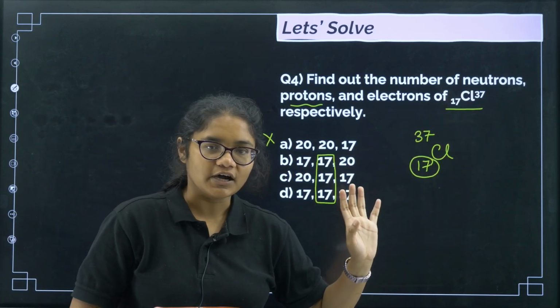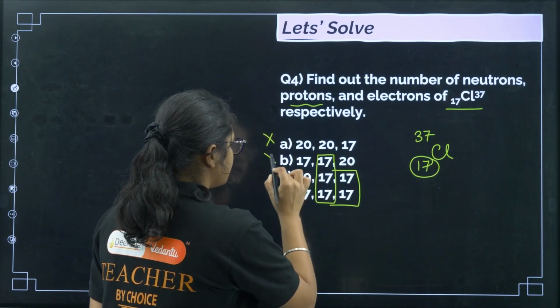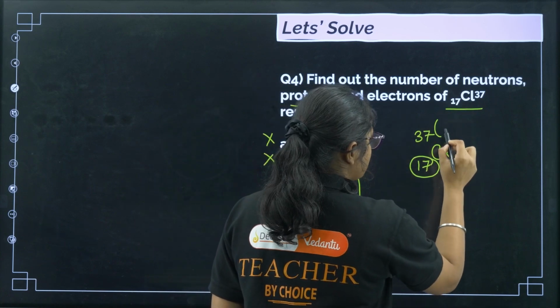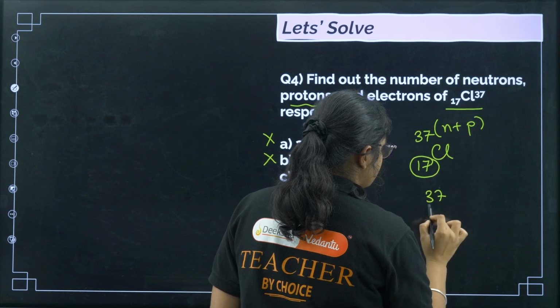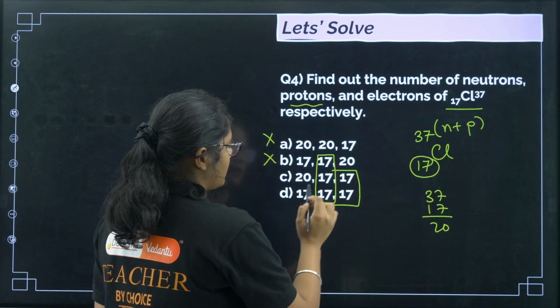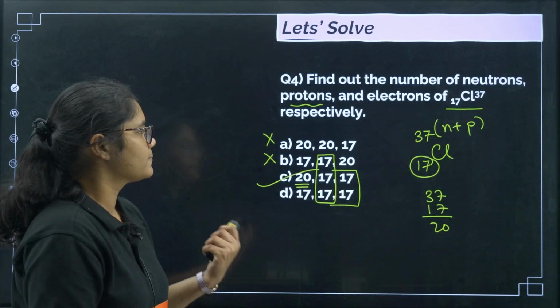It doesn't have any charge, so the number of electrons will also be 17. So we can eliminate this option. Now to calculate the number of neutrons, this is neutron plus proton, and proton is 17. So I can subtract 37 minus 17 to get 20, and we will get 20 as this one. So the correct answer is option number C here.